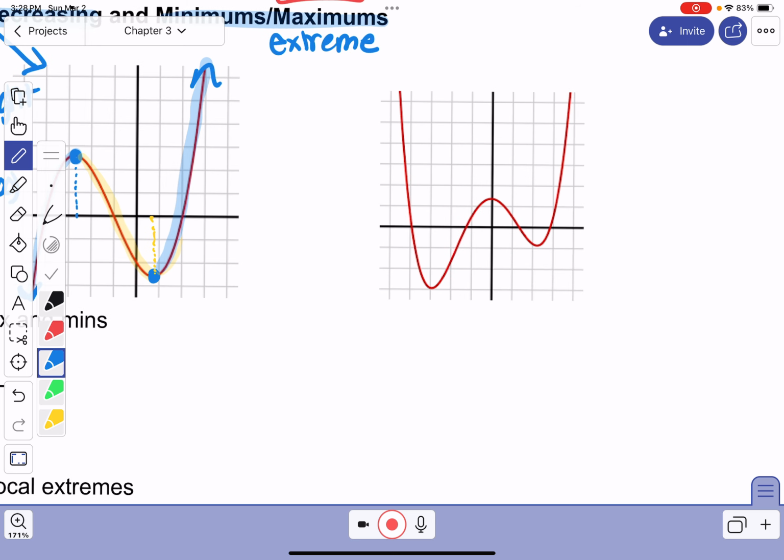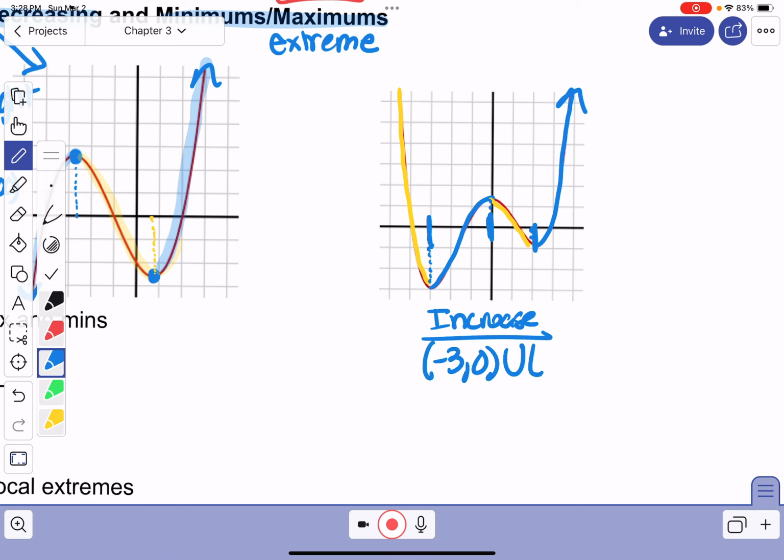If we looked at this graph over here, we'd be increasing in these two sections, and we'd be decreasing in these two sections. And again, we're going to use our x values for these. So it's the x value of that max or minimum. So we increase from negative 3 to 0.